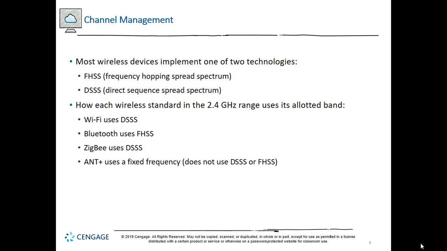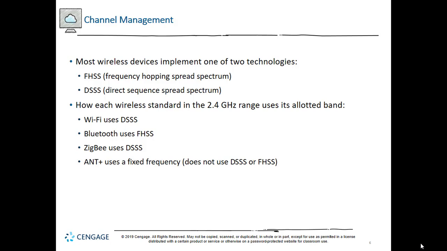Most wireless devices implement one of two technologies to take advantage of the frequencies within its band so that it can avoid interference. One of those is FHSS, frequency hopping spread spectrum. Short bursts of data are transmitted on a particular frequency within the band, and then the next burst goes to the next frequency in the sequence.